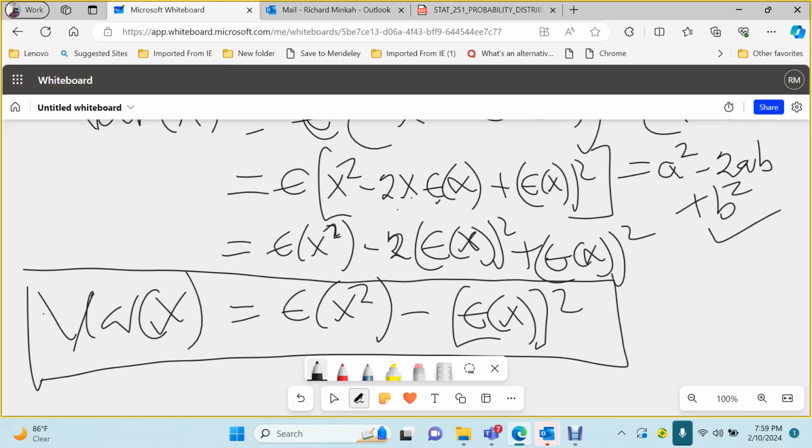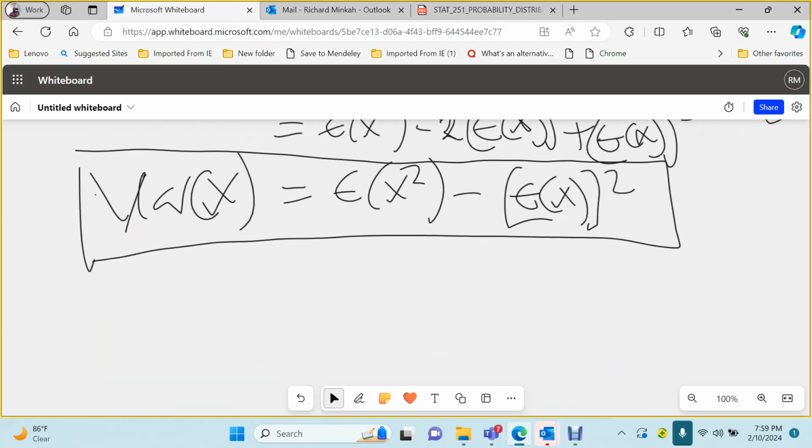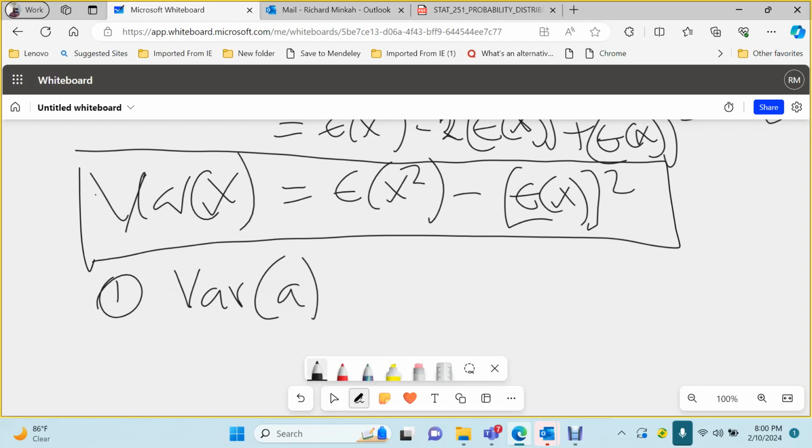Right. So now let me talk about the properties before we take an example of the variance. So let's look at this. We are doing the same, so I'm not going to write everything, but properties, right? What is the variance of a?